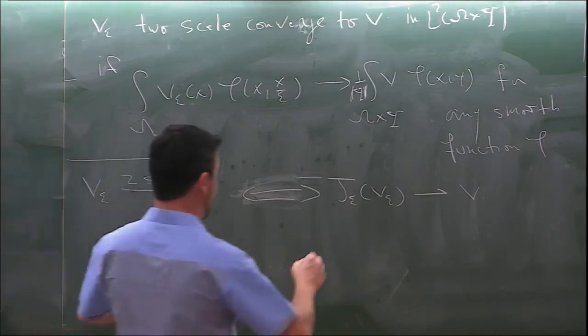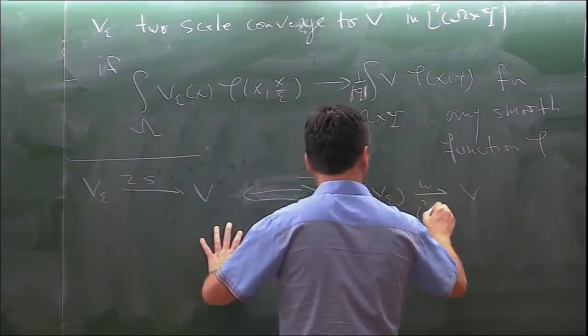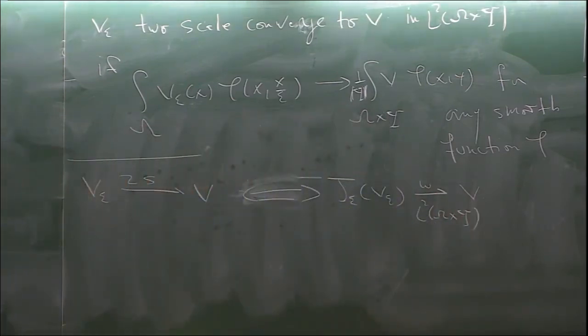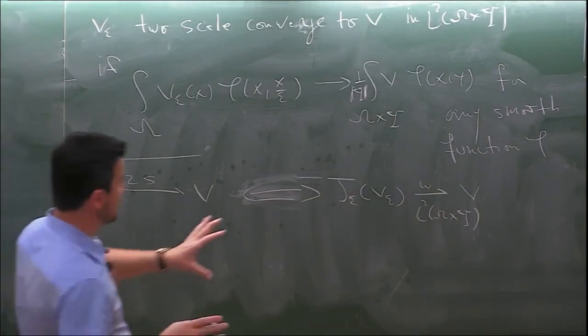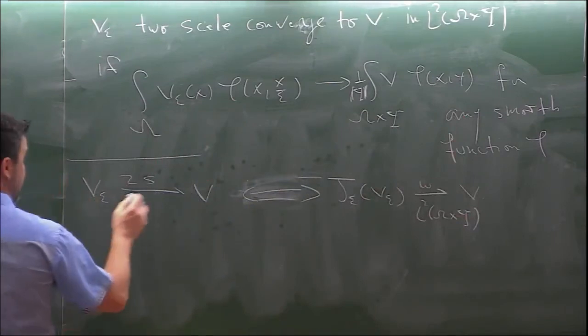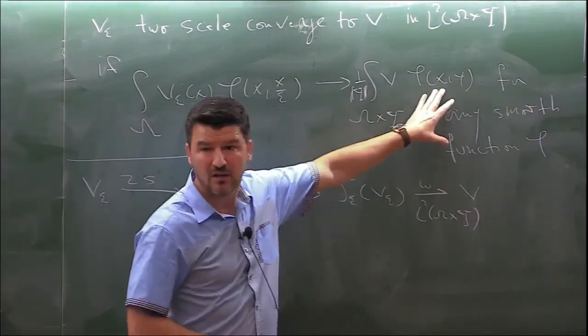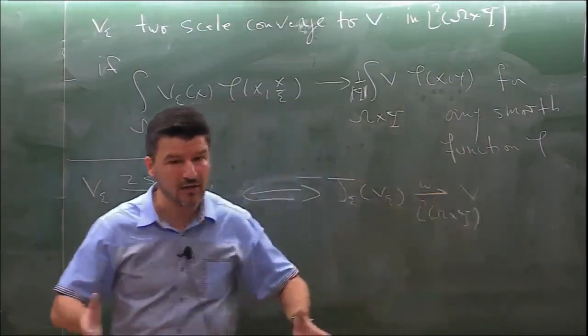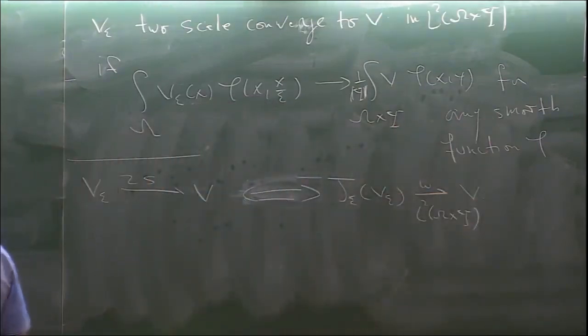So how do you prove this? How do we prove this? Well, again, remember that the space of test functions here is phi smooth enough. So one possible choice is that phi is very smooth in omega, C0 infinity, and L2 in y, one possible space.